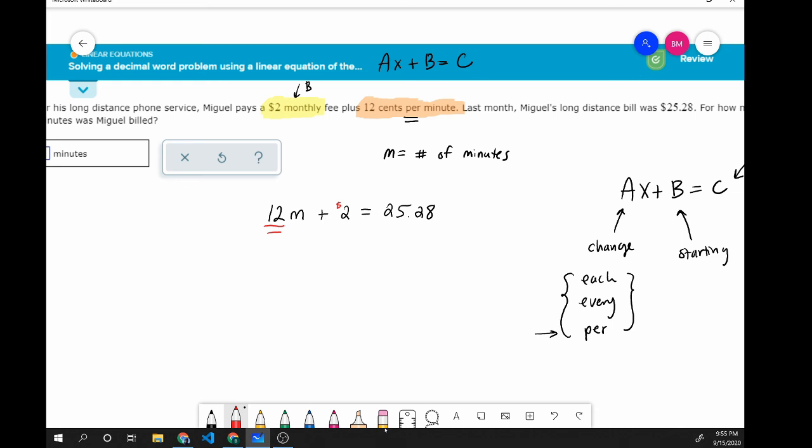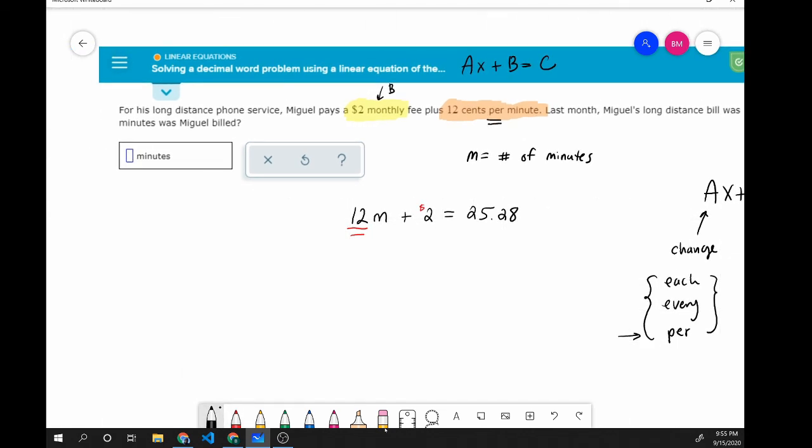That'd be very expensive. It's 12 cents per minute. So 12 cents, I'll make that a cent sign, is $0.12. So we actually have to put 0.12 to represent 12 cents. So now it is correct.